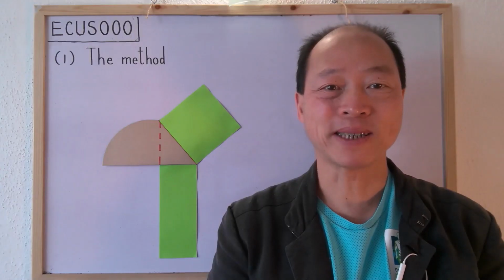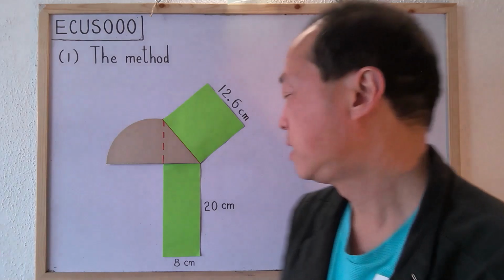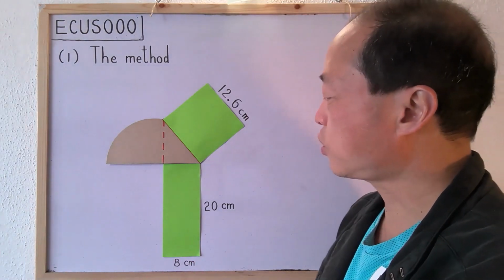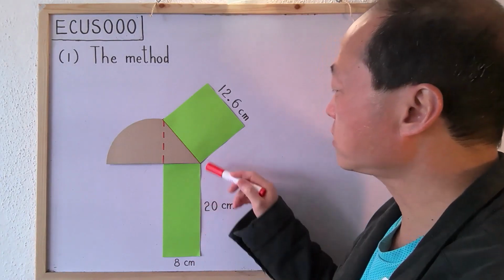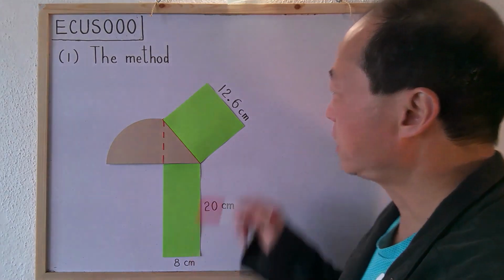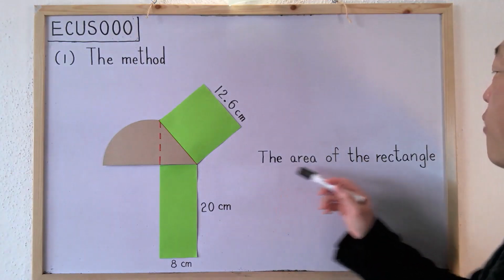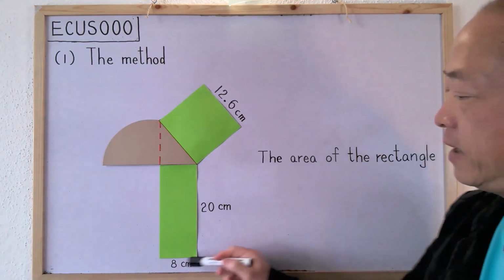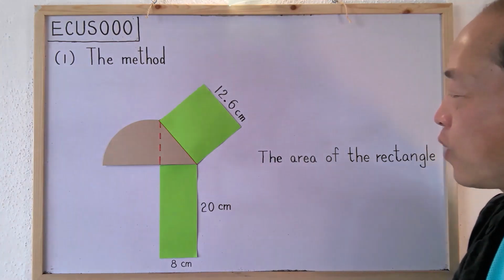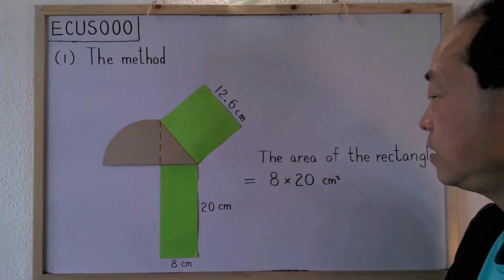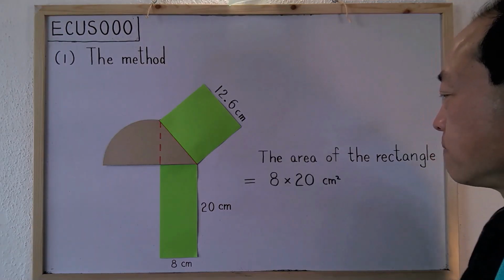Let's do some measurements. The shorter side of the rectangle is 8 cm long, the longer side is 20 cm long, and the side of the square is 12.6 cm long. The area of the rectangle is 8 times 20 cm square. It is 160 cm square.